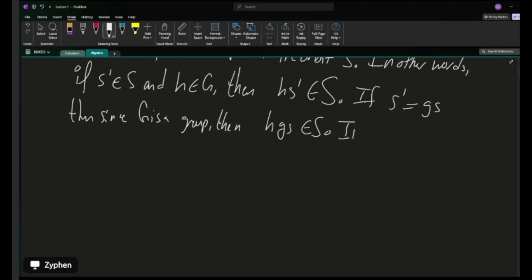And in fact, HGS is just equal to HS prime.